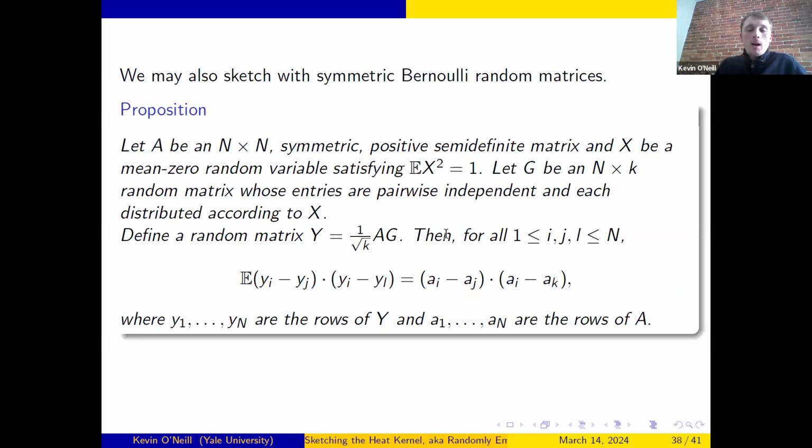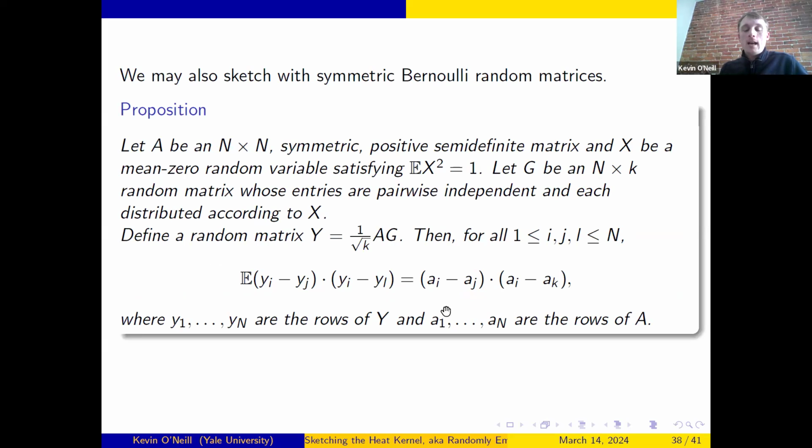Okay. A couple more little things here. I think we're getting close to time, so I'll try to wrap this up. This algorithm works by sketching a particular heat kernel. You can sketch with IID Gaussians. You can also sketch with plus or minus ones, with symmetric Bernoulli variables.